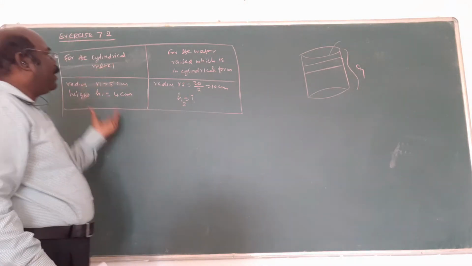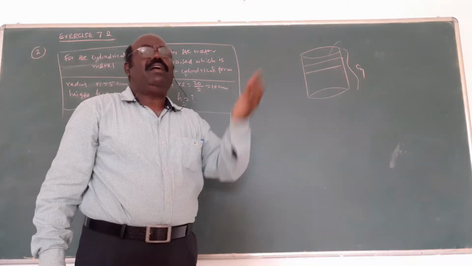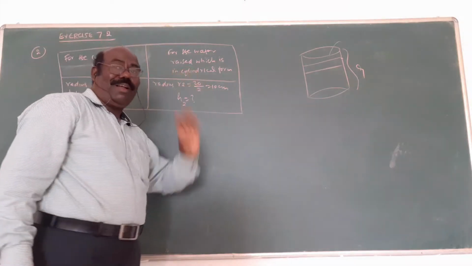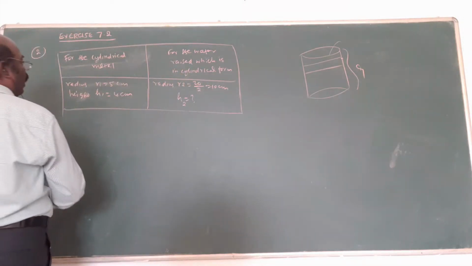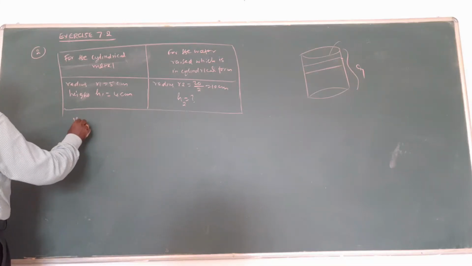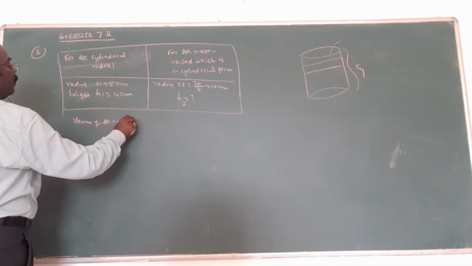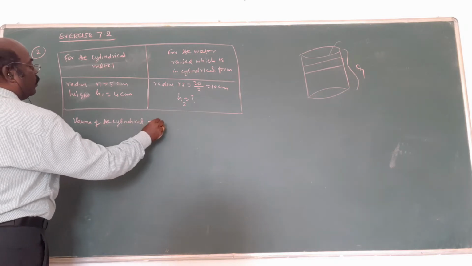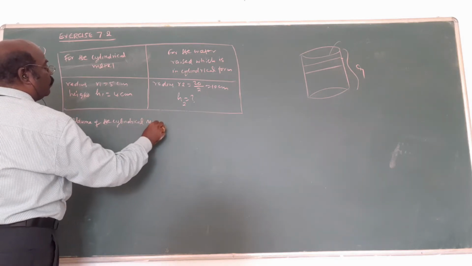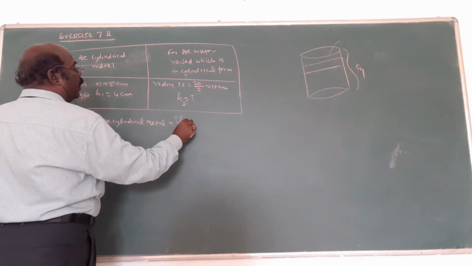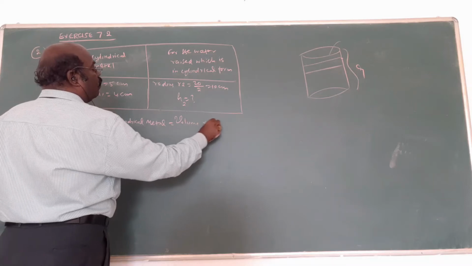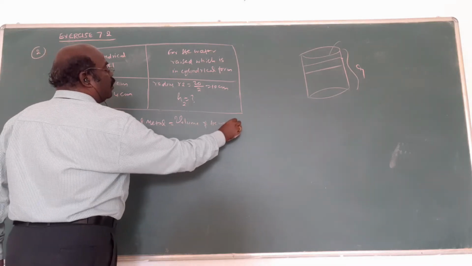Now, depending upon the metal piece, the level of water is known. That is why both volumes will be equal. That's very important. The volume of the cylindrical metal is equal to the volume of the water rise.